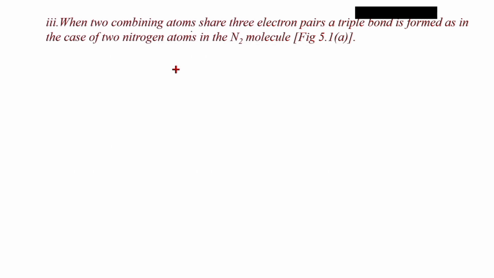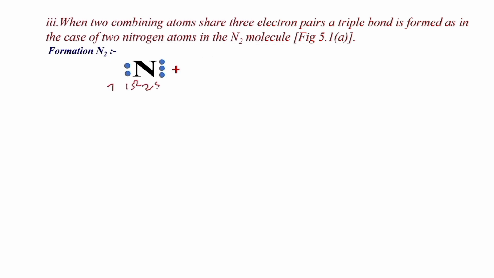When two combining atoms share three electron pairs, a triple bond is formed. For example, formation of N2 molecule. The atomic number of nitrogen is 7 and its electronic configuration is 1s2, 2s2 and 2p3. Its valence shell contains 5 electrons and it requires 3 more electrons for completion of its octet.